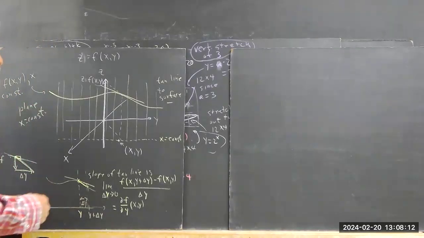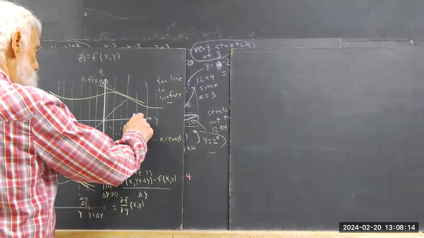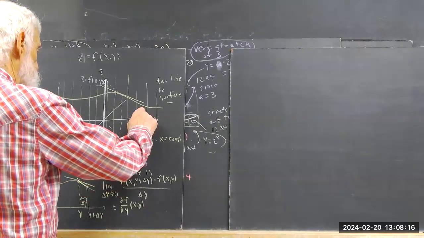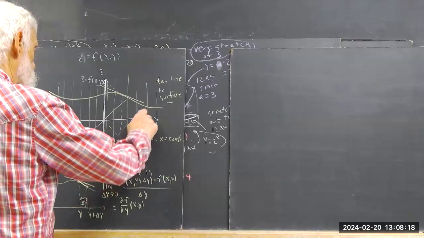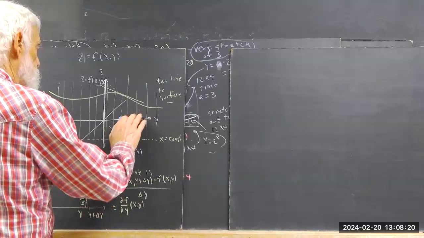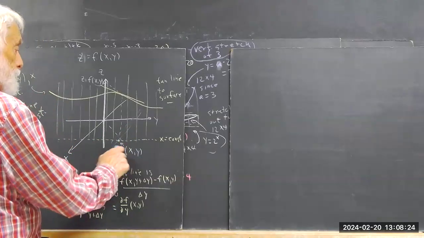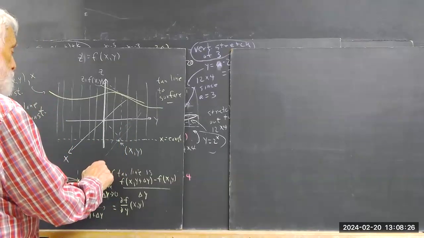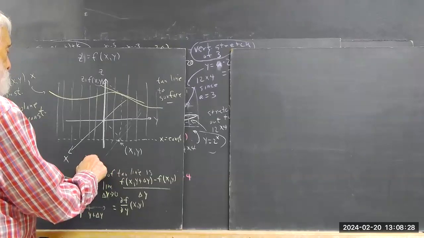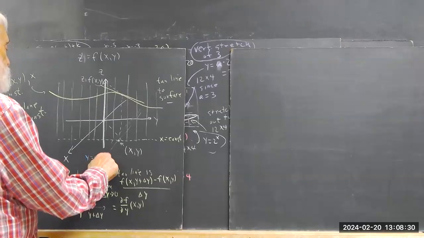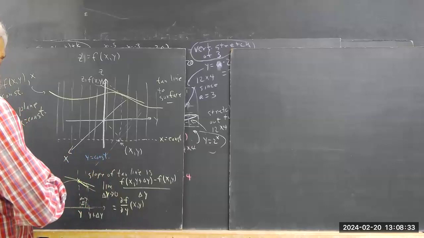Okay, then of course we can do the same thing. Well, if I can get the right line through X, Y. Okay, so now we have Y equals constant.